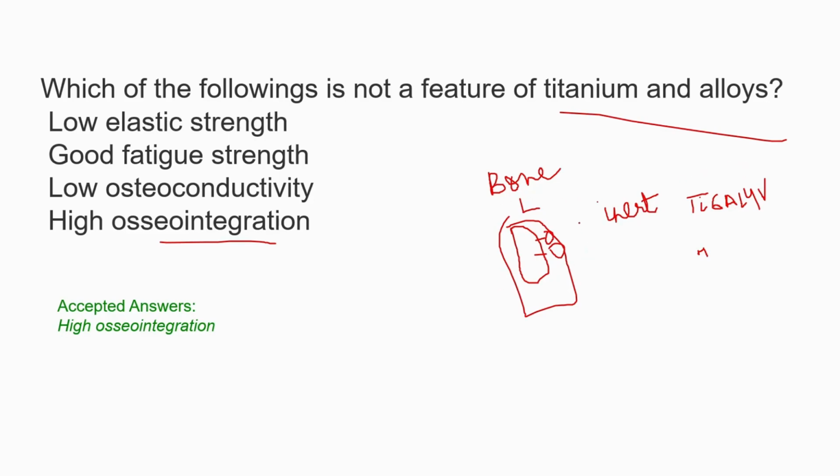And we coat them over these titanium implants and study their effect on cell adhesion, protein absorption, and all those things. So they don't have high osseointegration. So the correct answer would be option 4.